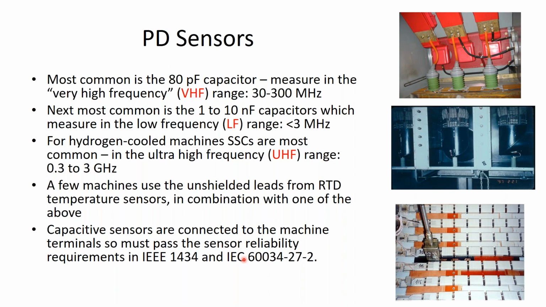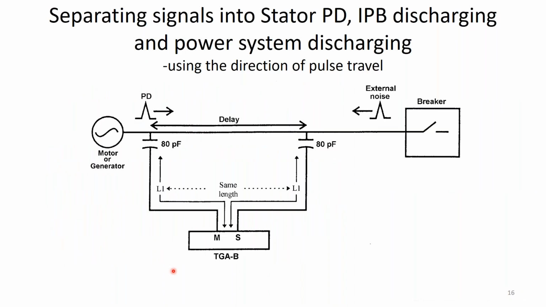Because if you have a PD sensor on a high voltage terminal and it fails, you're going to trip that motor or generator. And plant managers, they have no sense of humor when a condition monitoring system causes the trip out of a generator or a motor. Okay, so because of their critical location, these standards have lengthy discussions and annexes of what you must do or end users must do to make sure the sensors themselves do not lead to failure.